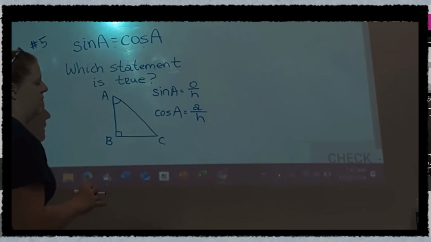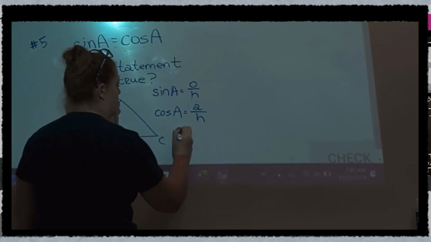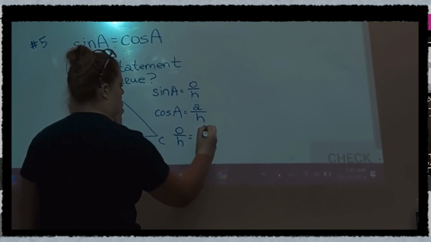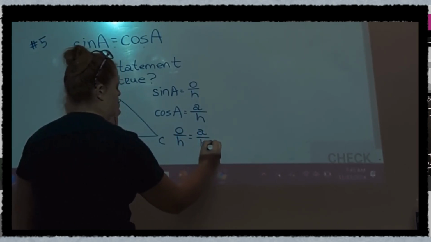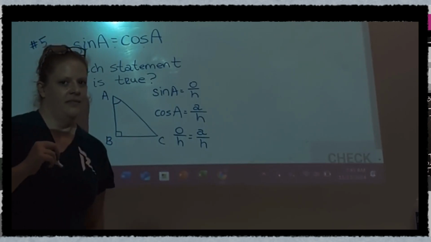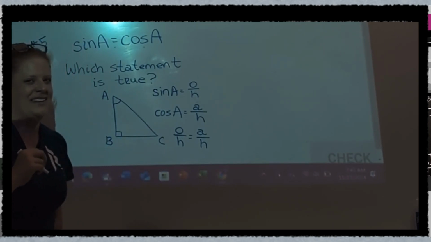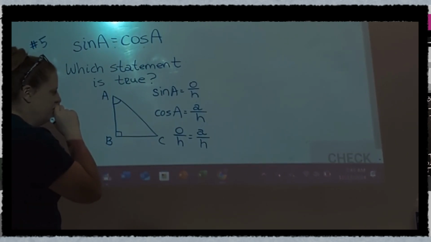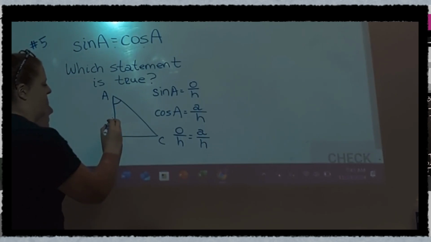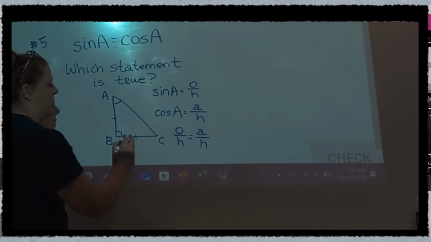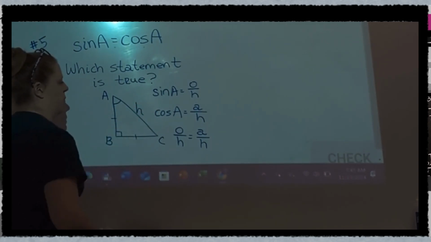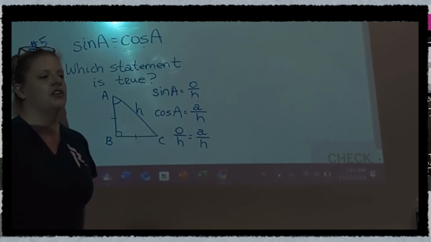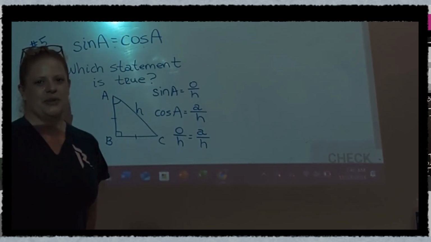So what we're saying here is these are equal to one another. I'm going to let you figure out the rest. But what you could look at is the fact that this and this are equal, and this always stays the same. Huge hint, read through your answer choices, and you should come up with the correct answer.